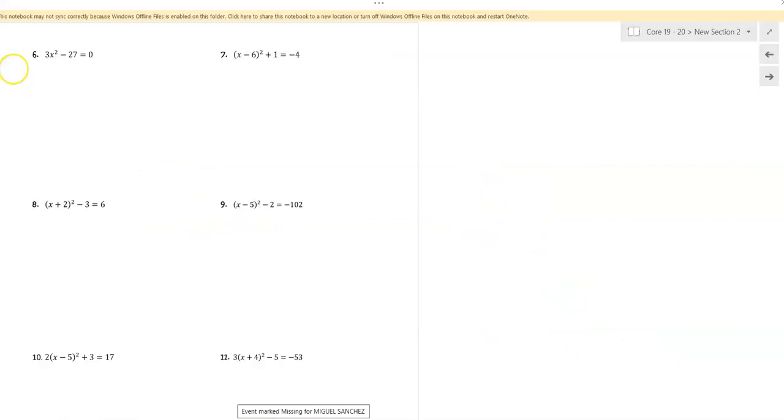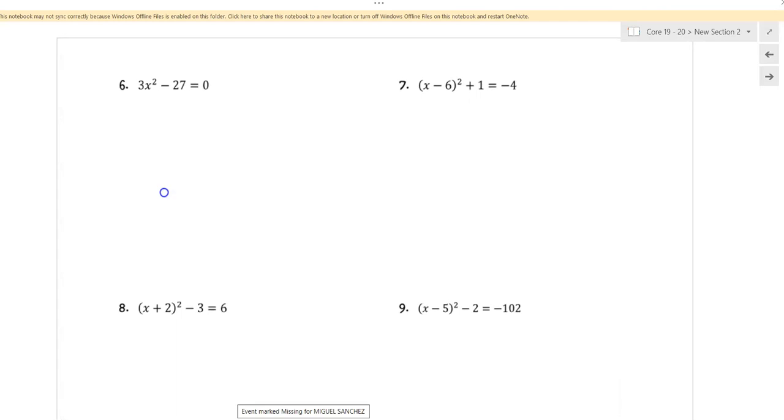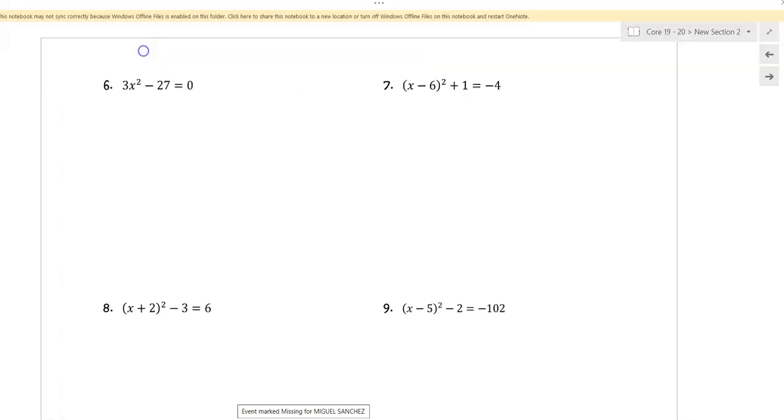Looking at number 6, same type of thing. 3x squared minus 27 equals 0. So I'm going to add 27. I have 3x squared equals 27. Still trying to get that x squared by itself, so I'm going to divide by 3.